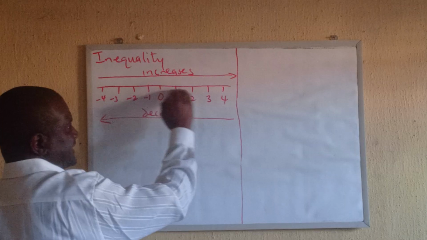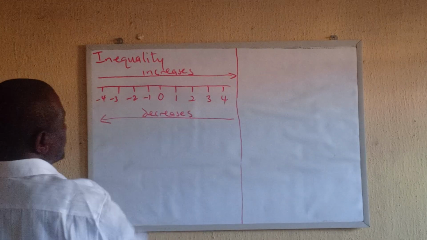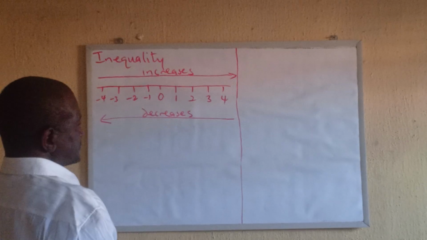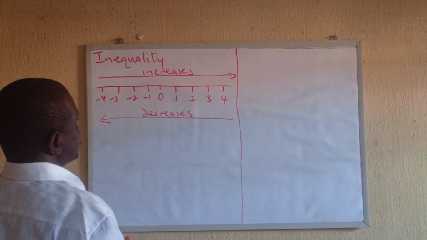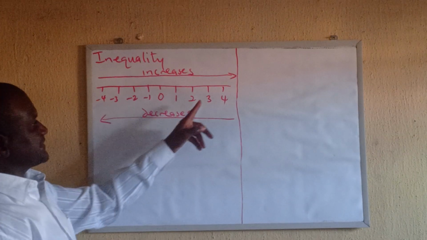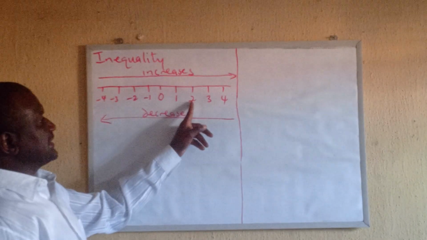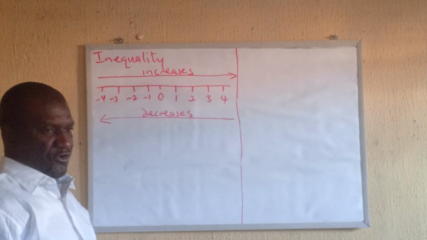Because numbers increase along from left to right. The same thing too, from right to left, numbers decrease. Because numbers decrease, you can say that 2 is less than 3 and 3 is less than 4.